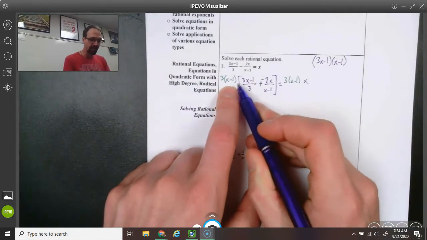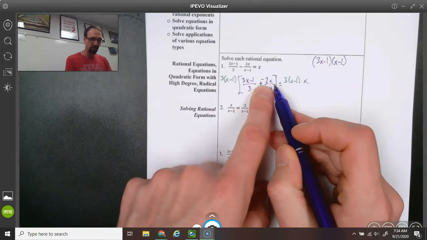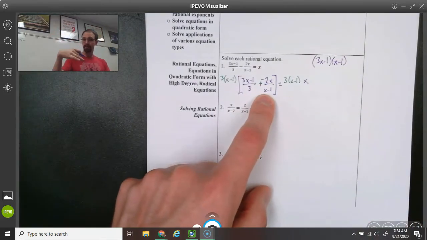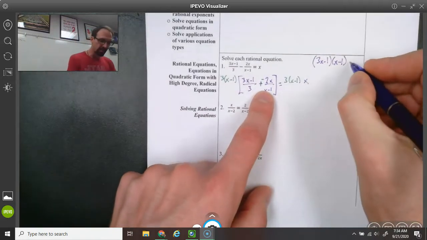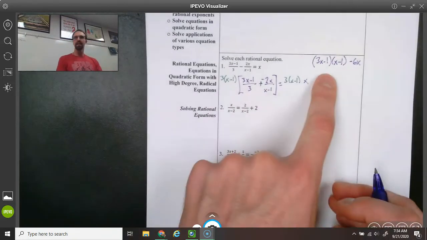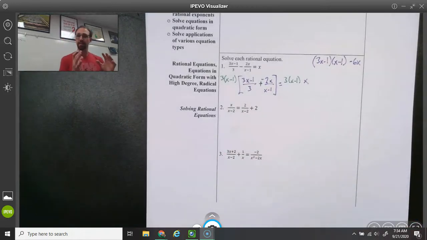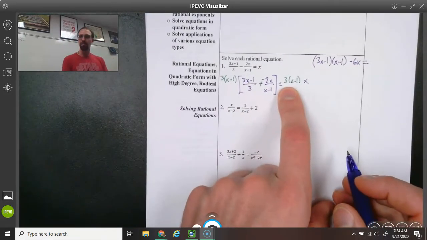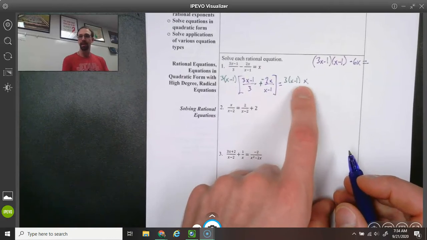And then this x minus 1 is going to be multiplied by this side. Again, remember, x minus 1 is going to cancel with that x minus 1. Those two are going to cancel out. So I'm just left with that negative 6x that we established from earlier. I'm going to leave these two in parentheses because I need to multiply those through. And then on the right-hand side, I'm going to multiply through 3x minus 1 and x.